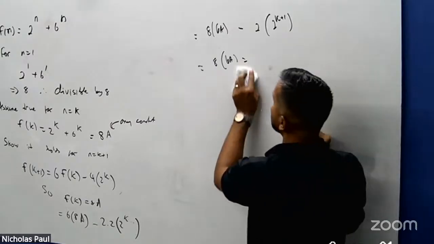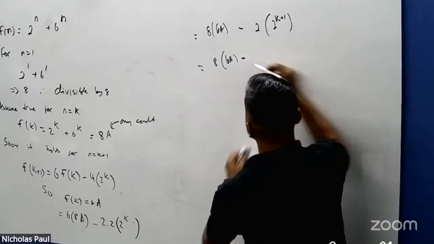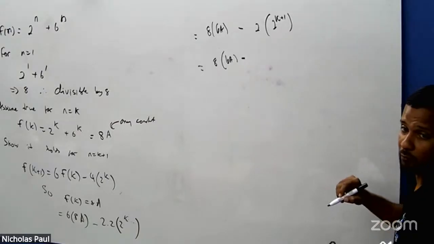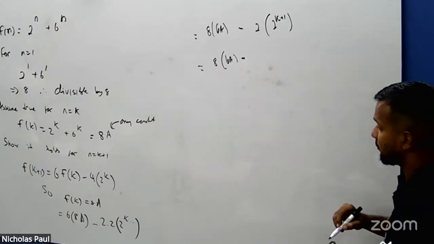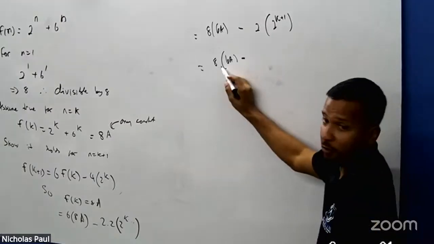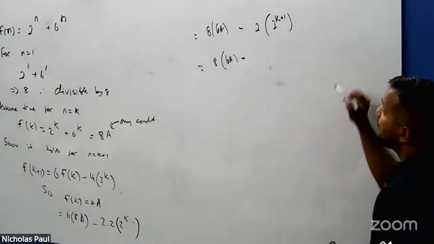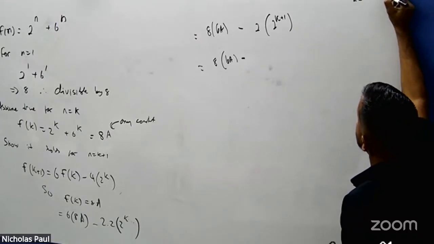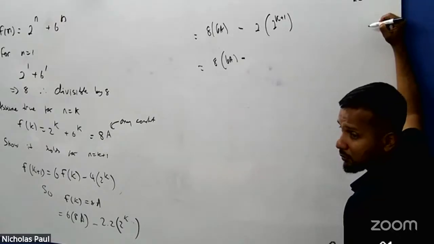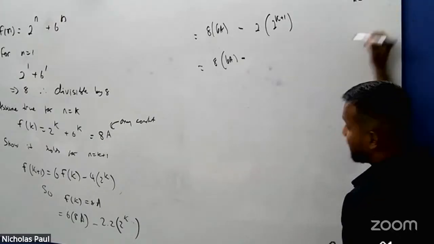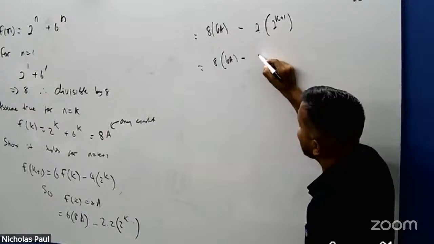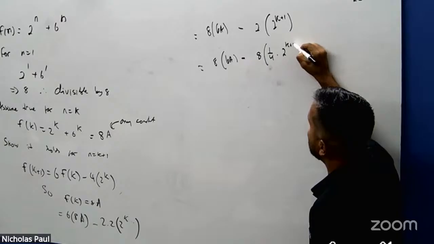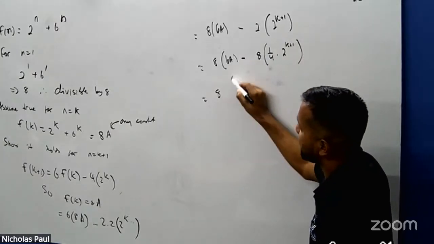Watch what we can do here. That's switched around because I want to show you divisible by 8. So I'm going to break up 2. 2 is 8 multiplied by a quarter. So can I break up 2 as 8 by 1/4 times 2 to the k plus 1 and then factor out 8?